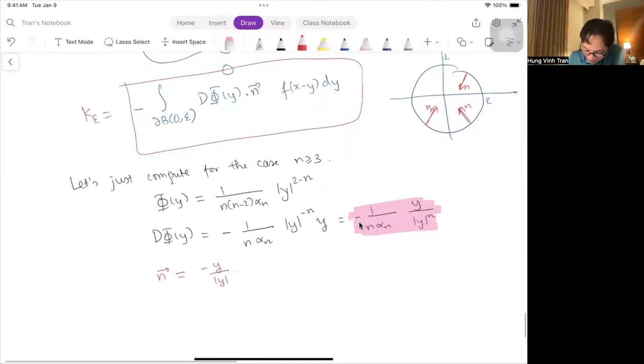Again, let me maybe expand this a bit more. This is 0. This is the direction y, right? So the normal vector is going in the reverse direction of y. That's why I have the minus sign. And I have to normalize it so that it has length 1.